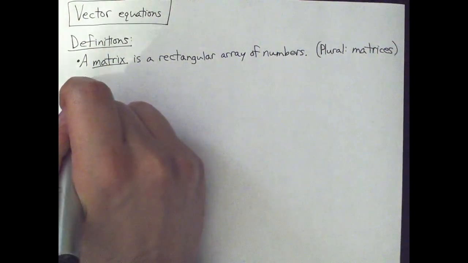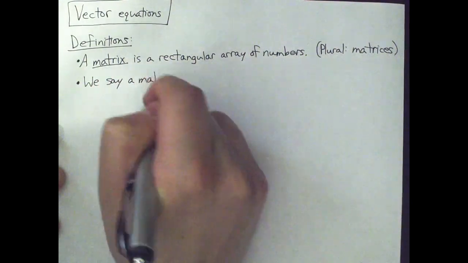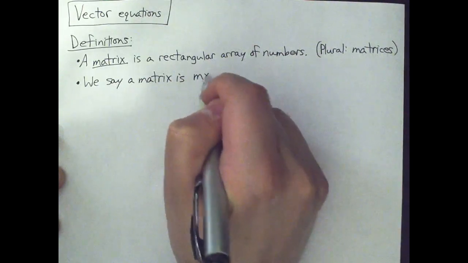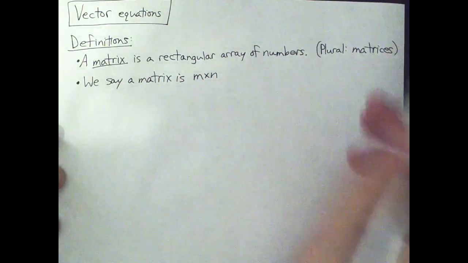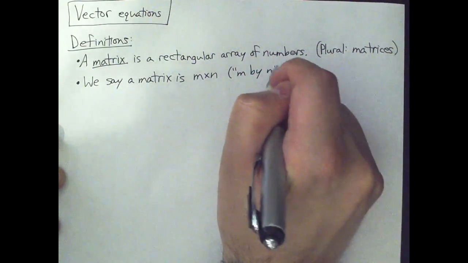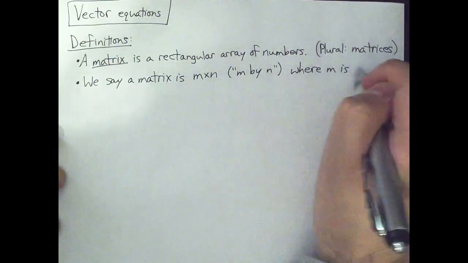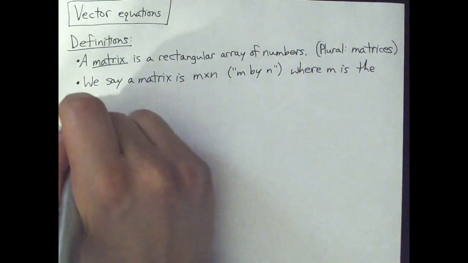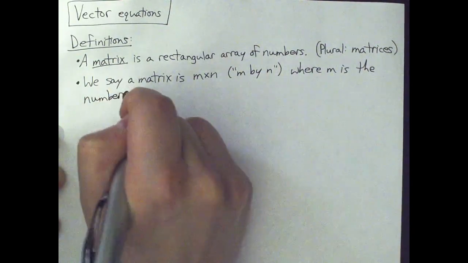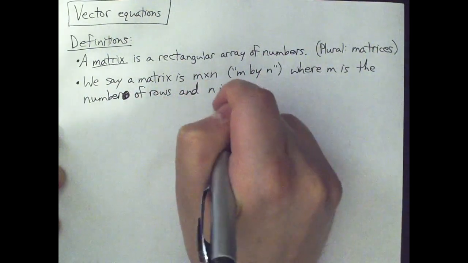Now, we say a matrix is m by n, and we pronounce this that way. We say m by n, where m is the number of rows, and n is the number of columns.